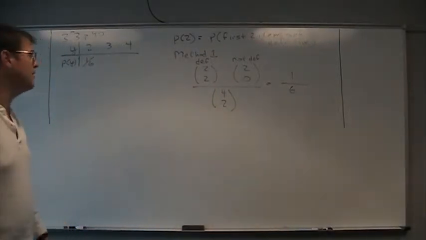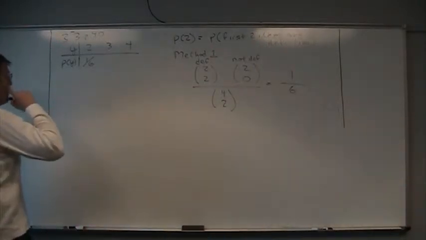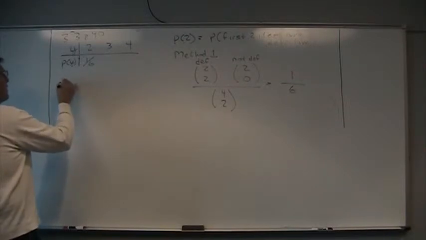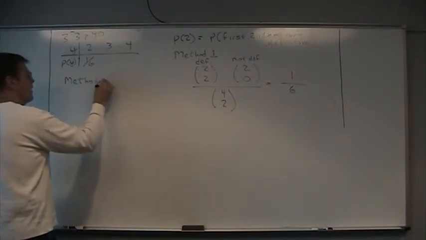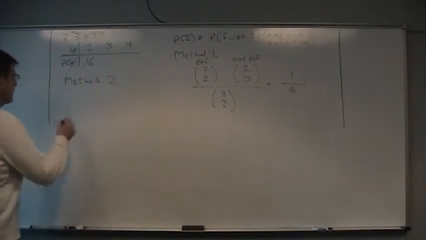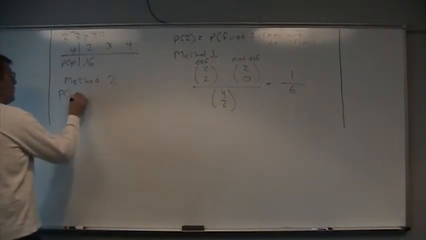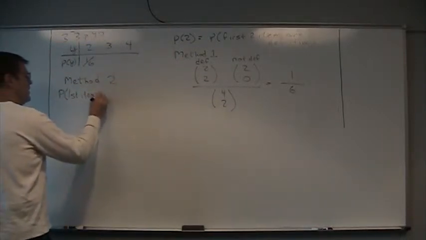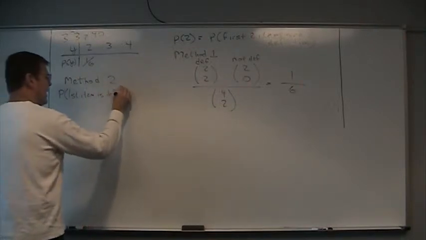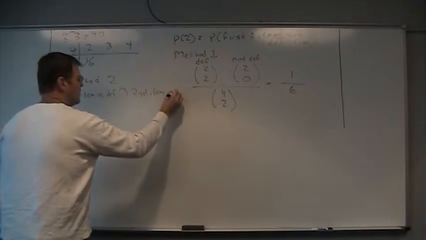As I said, there's another method that we can use where we're effectively using the multiplication rule and conditional probability. So if we're using method 2, what we're looking for is the probability that the first item is defective and the second item is defective.